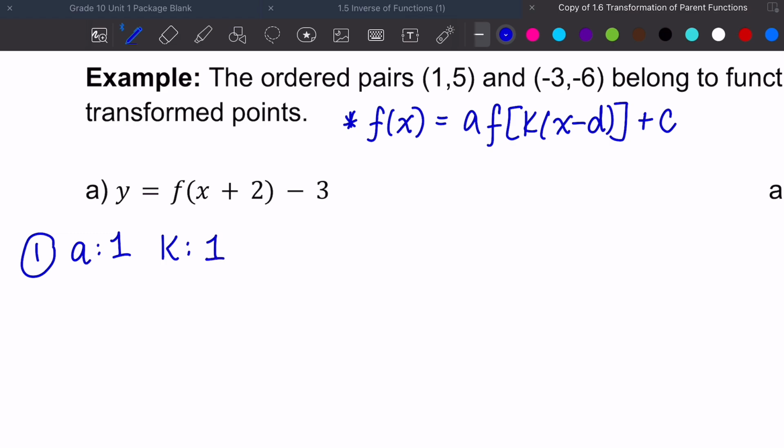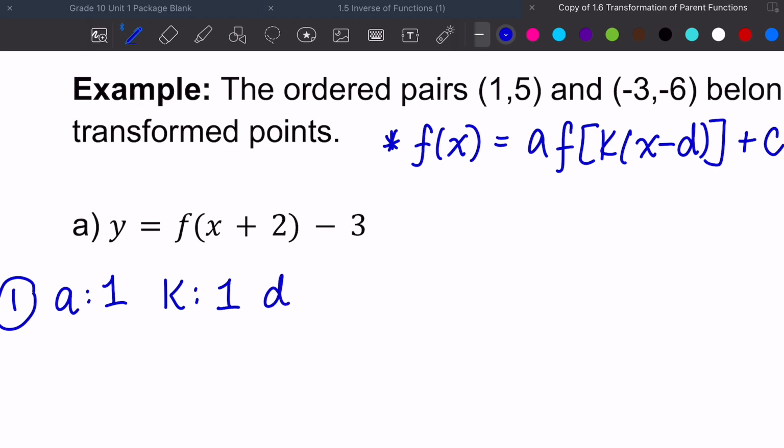No, so K is also 1. Then D: what is my D value gonna be? Because I've got x plus 2, so D is -2, perfect. And then C, lastly, our constant right at the end: -3, totally, you got it.